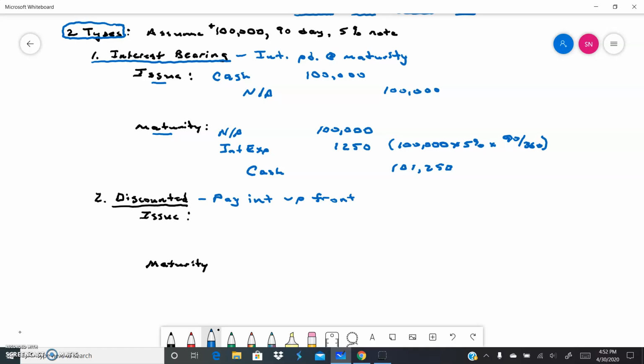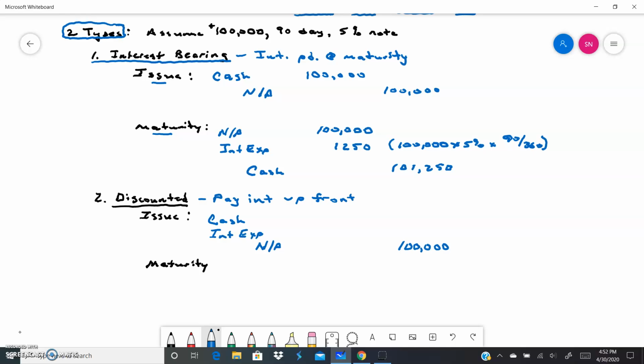So here what we're going to do is debit cash, credit notes payable. And so here notes payable, we're still going to pay off the $100,000. But here, instead of receiving the full amount of cash, we're going to pay the interest up front.